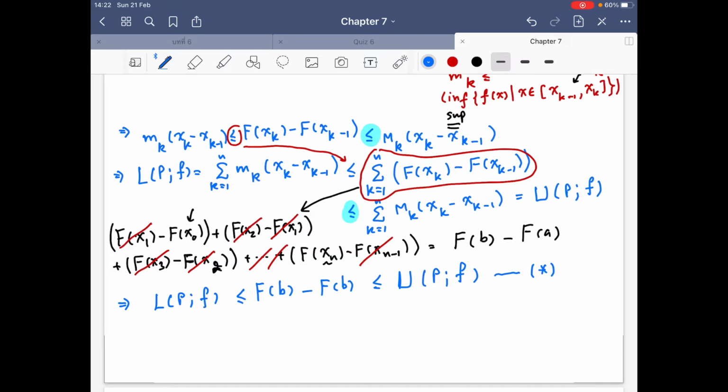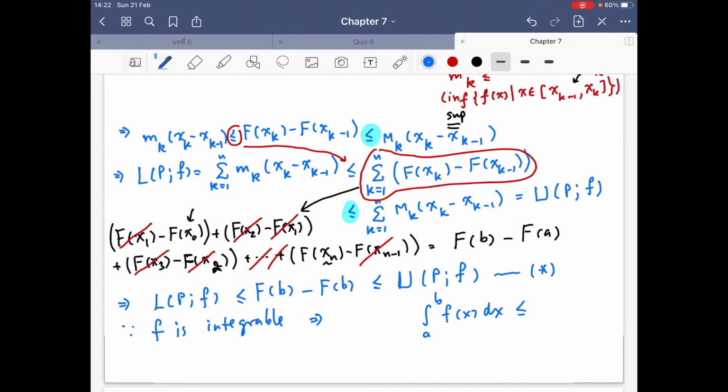Since f is integrable, what does this mean? It means that the integration from a to b of this function is allowed to write, right?